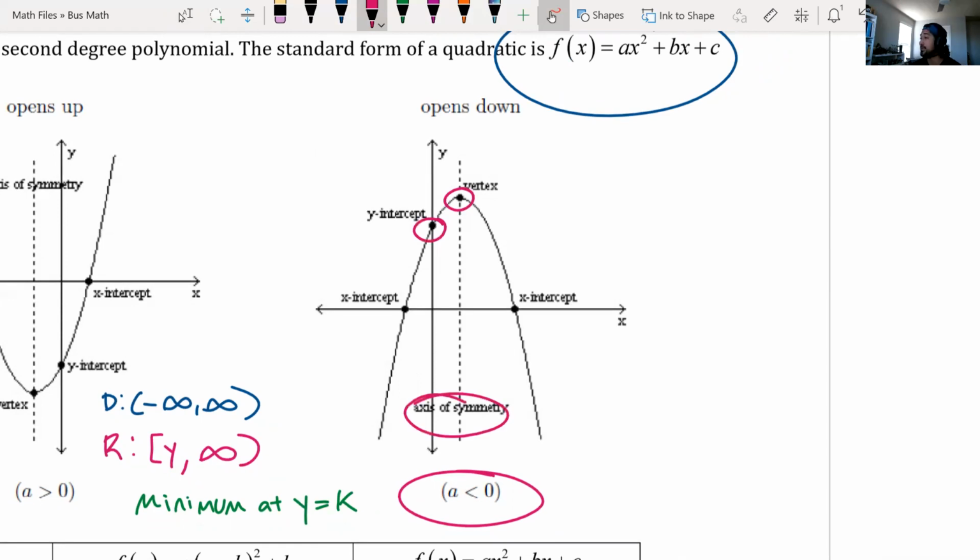You still have an axis of symmetry. And you may have two x-intercepts. You may have one x-intercept. And you may have no x-intercepts. And what determines that is the actual quadratic function that's given.